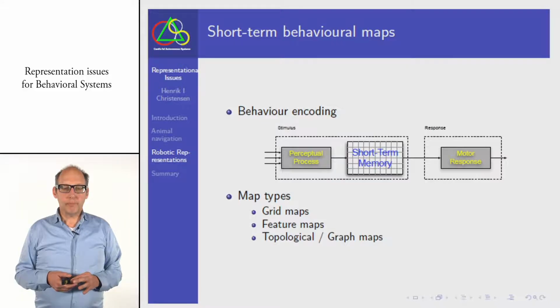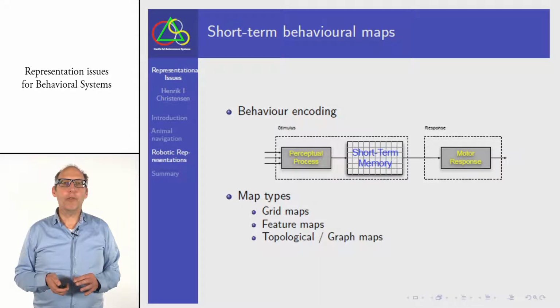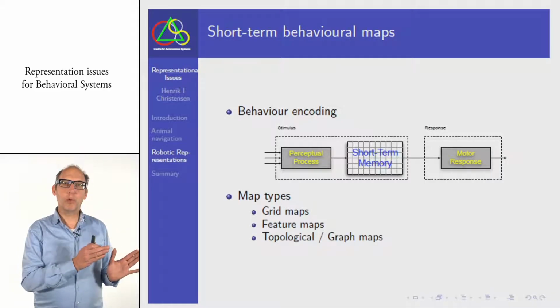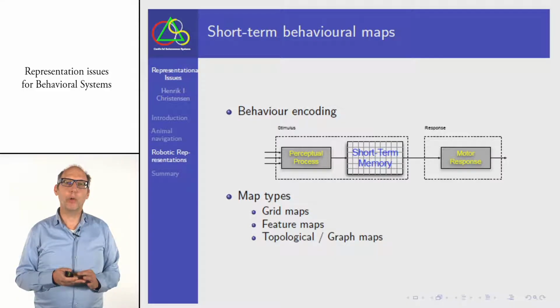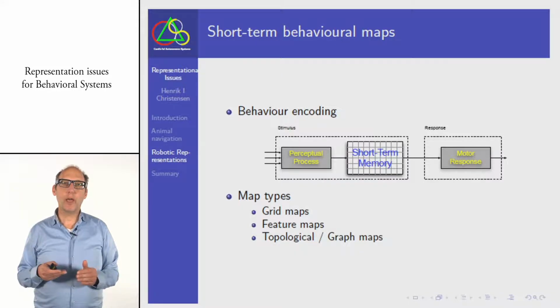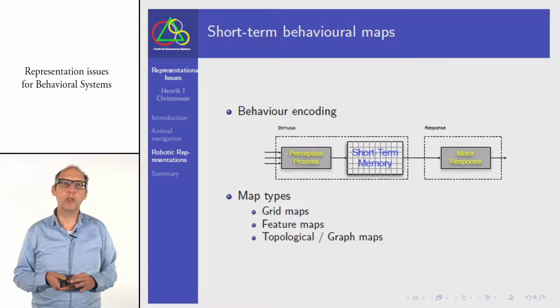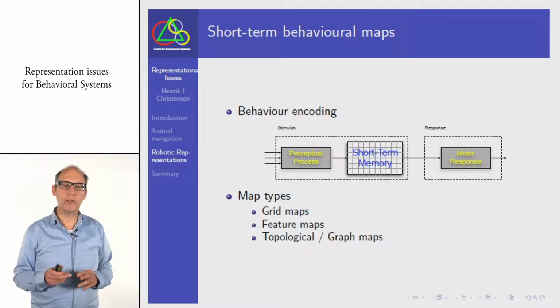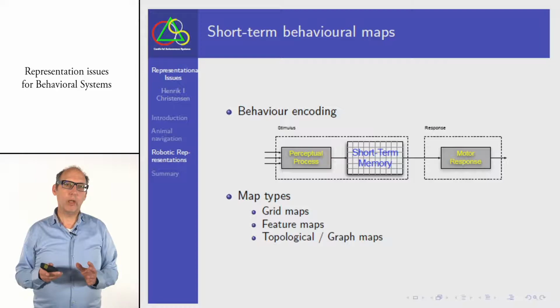So, one example is the behavioral encoding of your perceptual process, your short-term memory, and your response, which is in your motor schema. And you can have different representations of map types in that short-term memory.